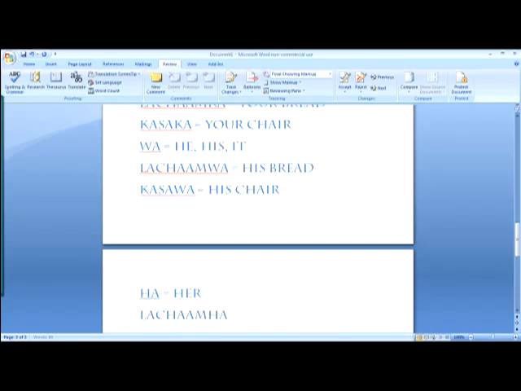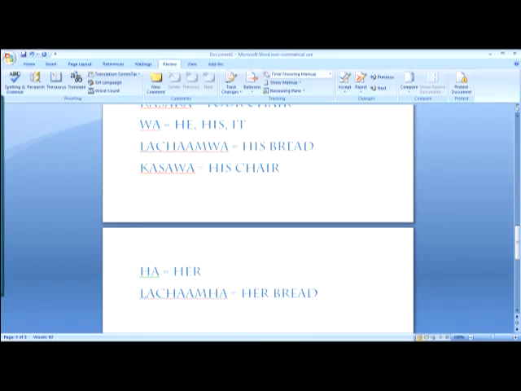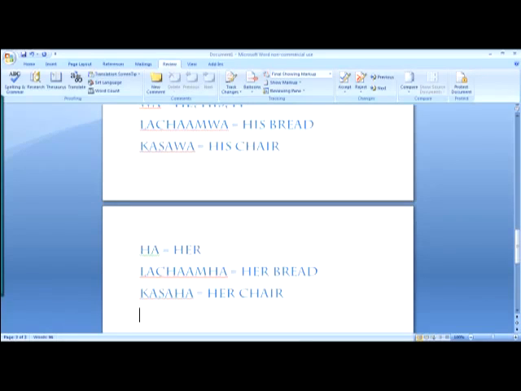Lacham ha literally means her bread, because you're speaking about a woman, a female. So it would be her bread. Same thing with chair. Kasa ha, which means her chair. Another example is like the word Adam, the name Adam.